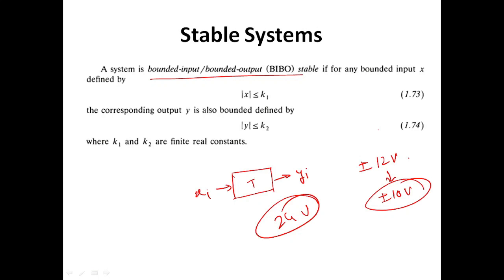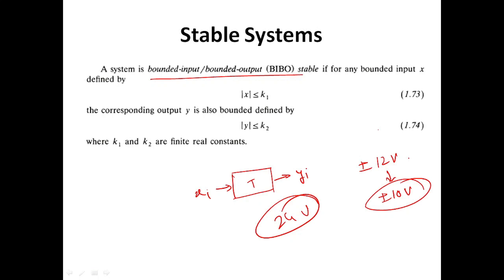So that 24-volt signal is not a bounded input signal. That means the system has not been designed to work in that particular range. Since the input itself is not bounded, your output is also not bounded. So your system is not stable for that particular input.